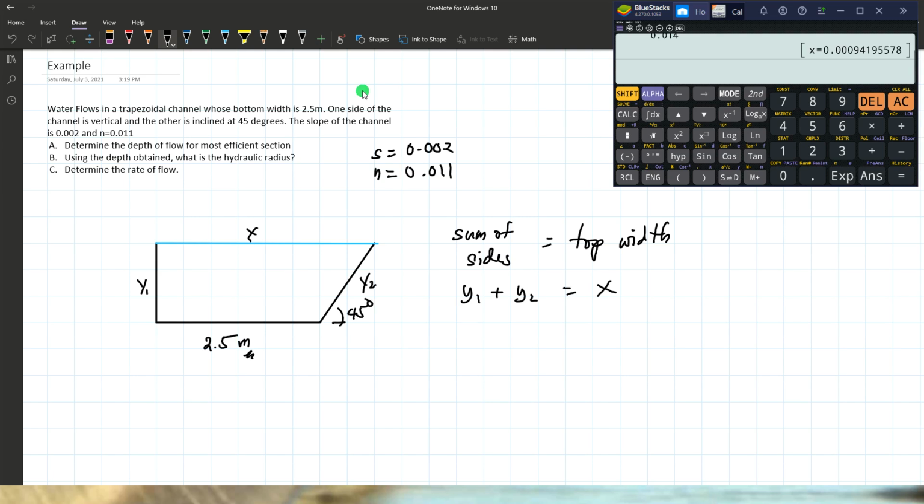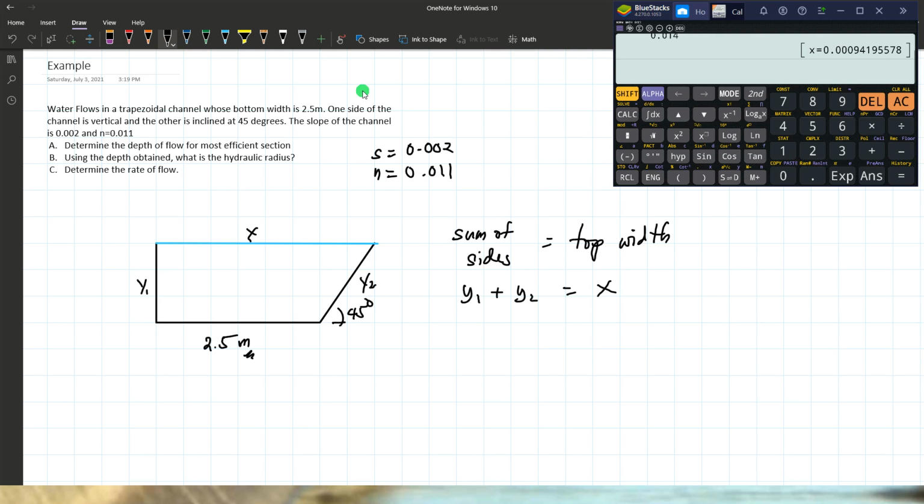Now what other given should we consider in order to obtain the most efficient section? Because y sub 1, y sub 2, and x are too many unknowns, three variables.